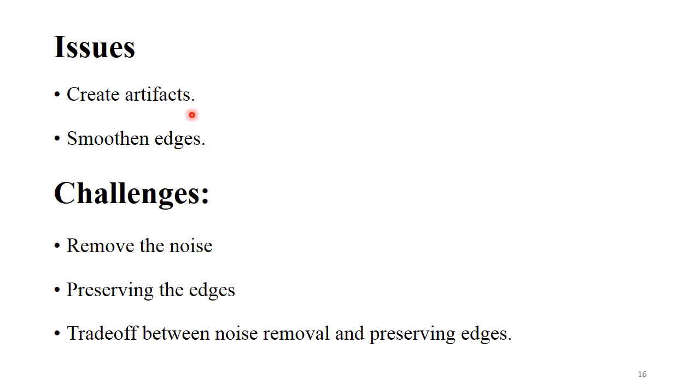Challenges: remove the noise, that's the basic concept, and preserve the edges, which must not get smoothened. Achieving both together is quite a difficult issue. Therefore, we are going for a trade-off between noise removal and preserving the edges. We are going to address this when we go through several results with respect to image denoising.